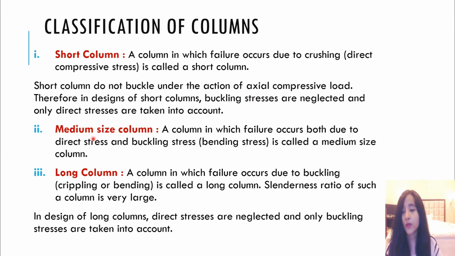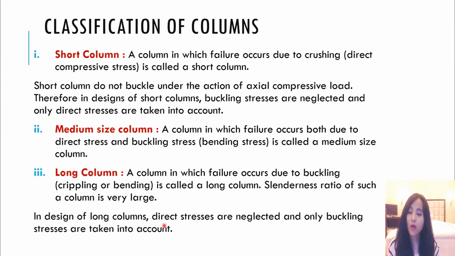Now, medium-sized columns are those columns in which the failure occurs due to both direct stress as well as buckling stress. And long columns are those columns where the failure occurs due to buckling only. Buckling की वजह से जो failure आते हैं उसको हम long column बोलते हैं. And slenderness ratio of such columns is very large.